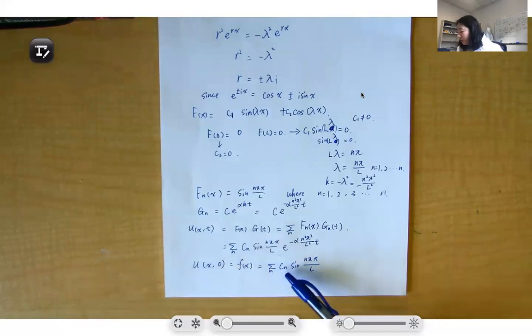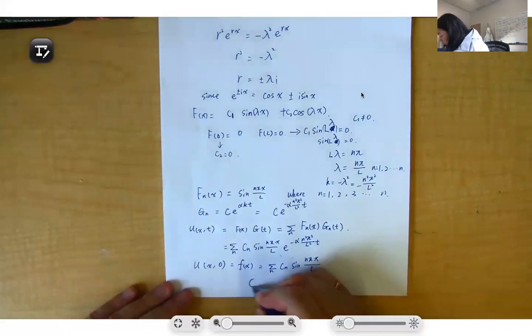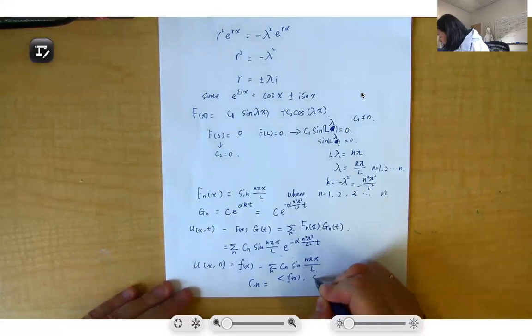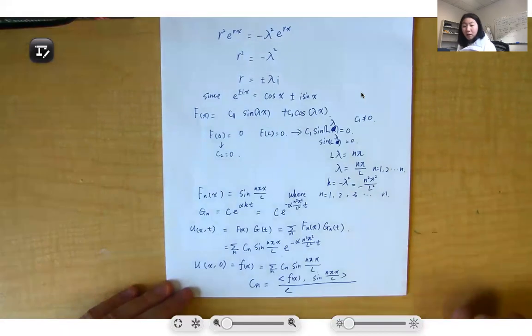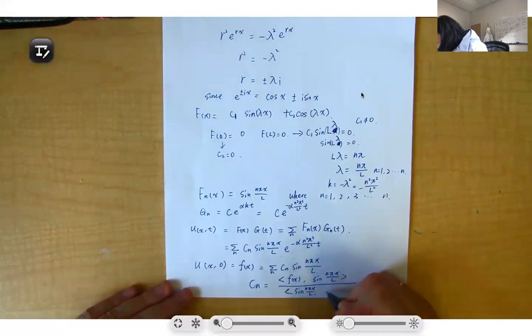So in order to get this coefficient, how we solve it is basically the inner product of your f(x) and the orthogonal basis set, normalized by the orthogonal basis set squared. So c_n will be equal to the inner product of f(x) and sin(nπx/L), divided by the normalization part, the inner product of sin(nπx/L) with sin(nπx/L).